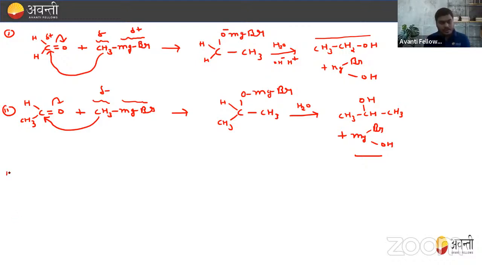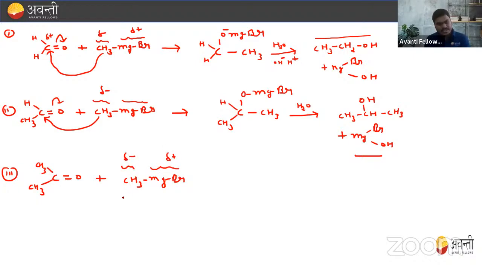Now, what about ketone? What happens in the case of ketone? Now we have a ketone, and we treat this ketone with the Grignard reagent in the same manner. We know this carbon becomes partial positive and this oxygen partial negative.